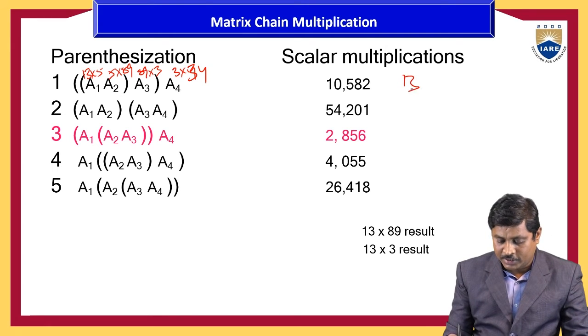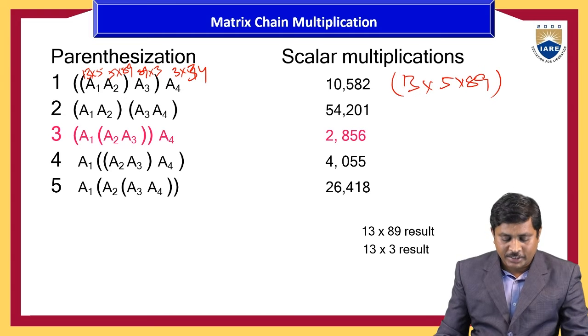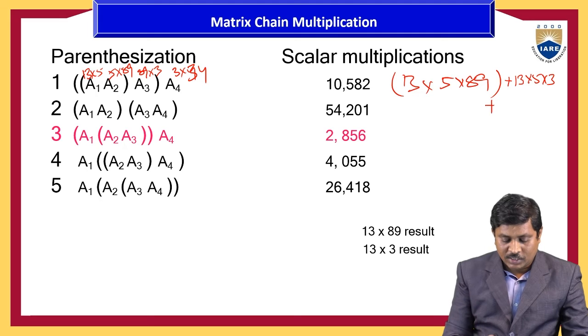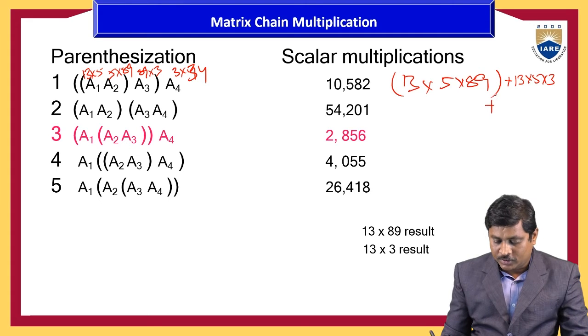So this value is 13 into 5 into 89 for A1, A2, plus A1 A2 into A3, 13 into 5 into 89 common, into 3, plus A1 A2 A3 into A4, so 13 into 5 into 3 into 34.